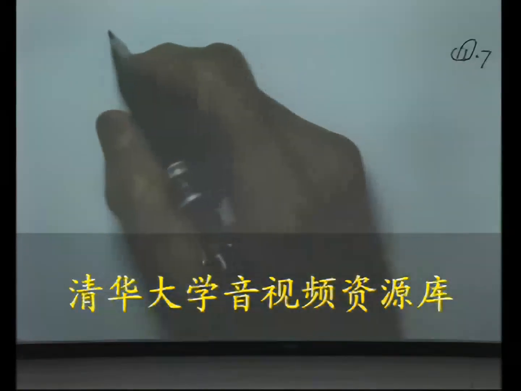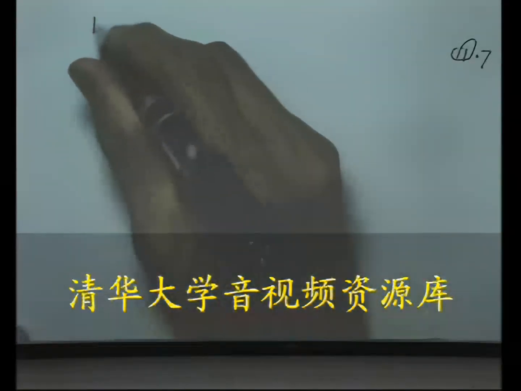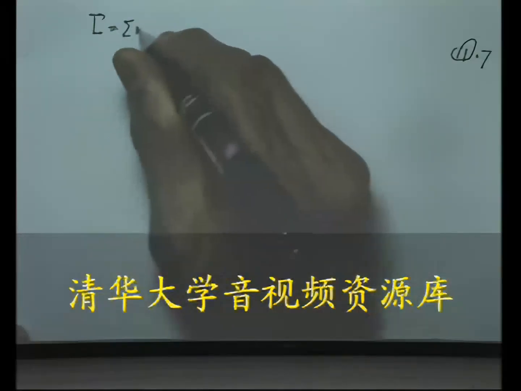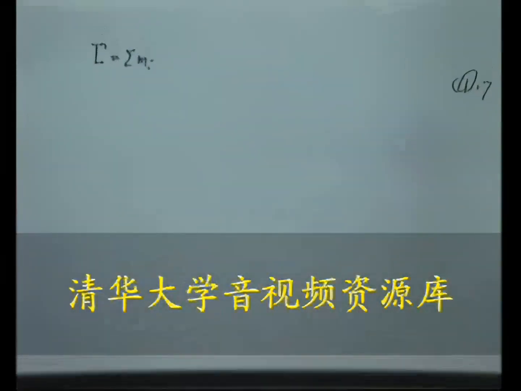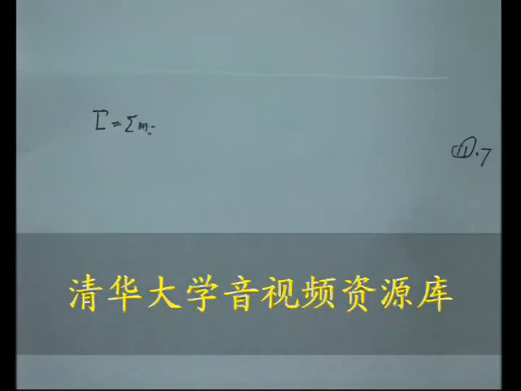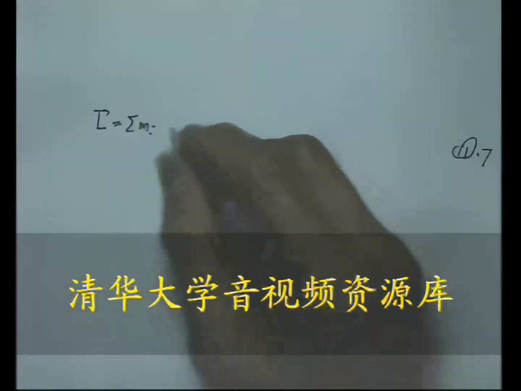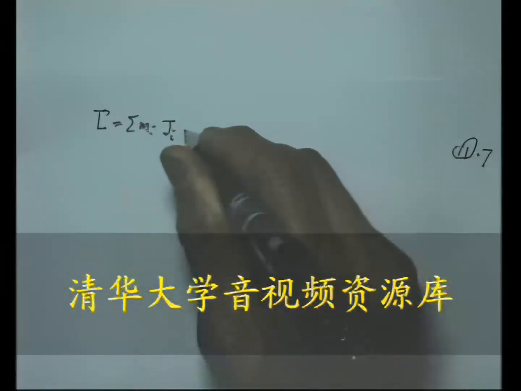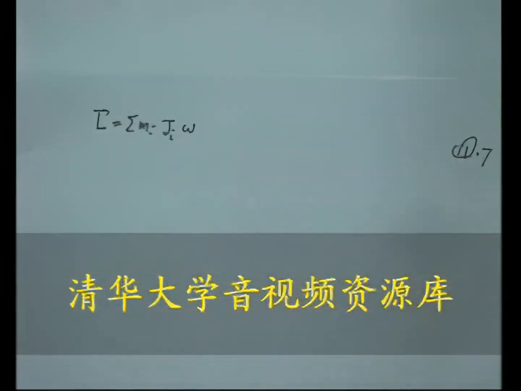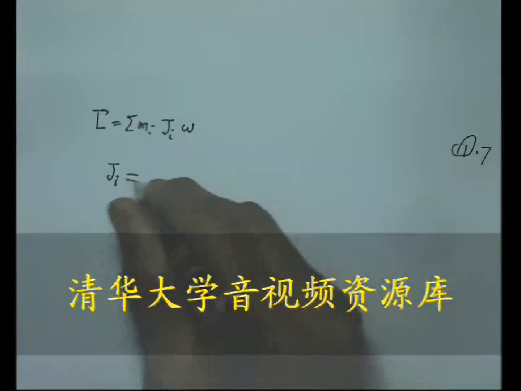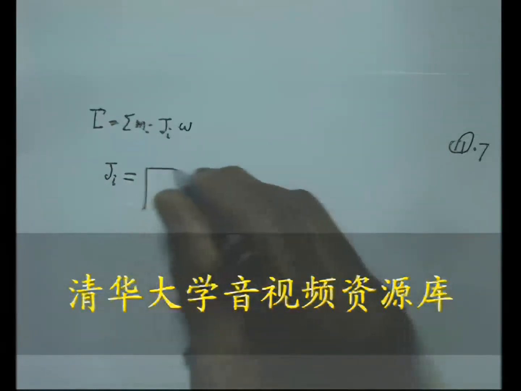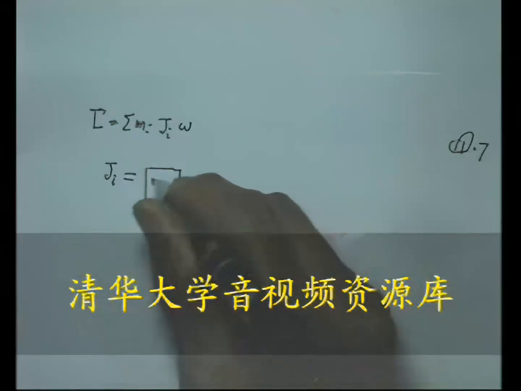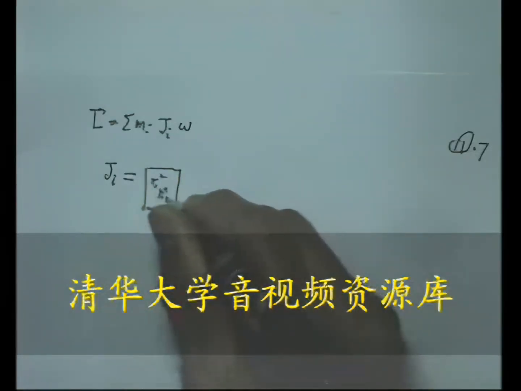So now I can write the total angular momentum is equal to summation m_i times a matrix J_i times omega, where J_i is equal to that square matrix, it's R_i squared, R_i squared, R_i squared.